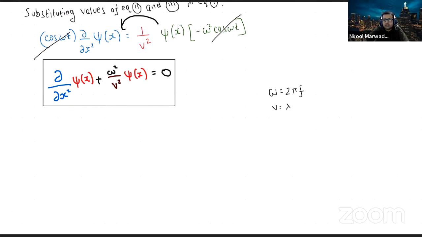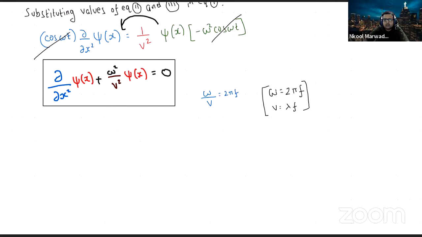Using these two basic formulas, what can we get? Omega by v is equal to 2 pi f upon lambda f.